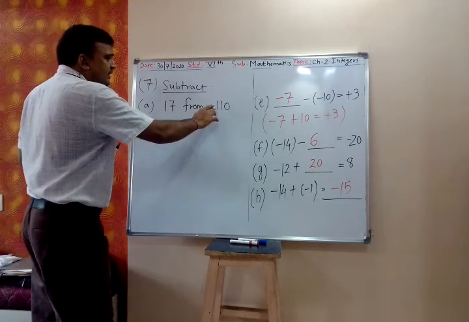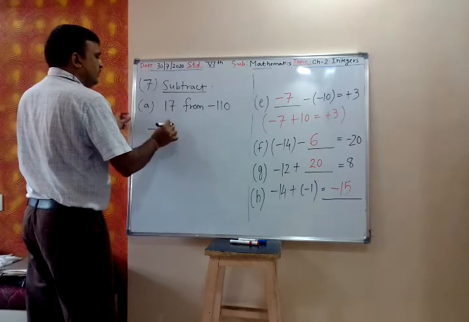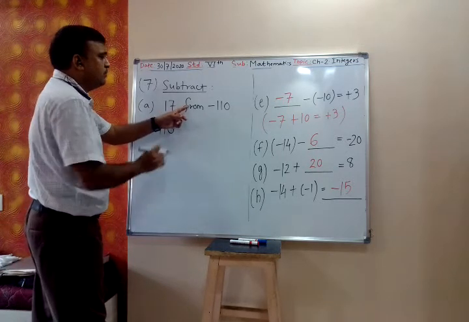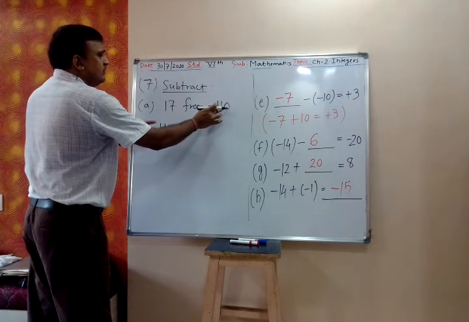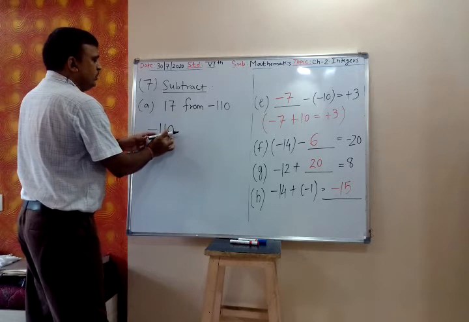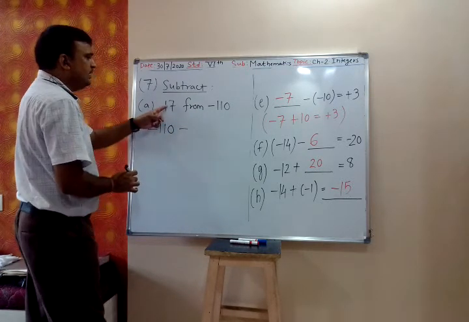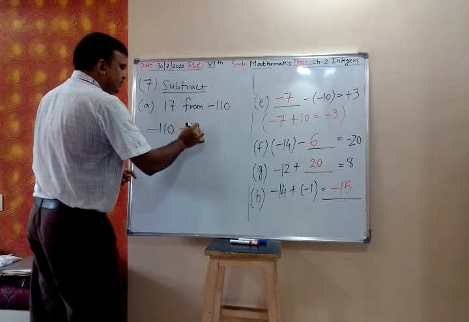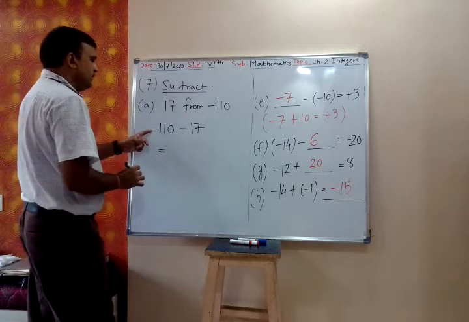So I will write minus 110 first. From this number we want to subtract 17. So minus 110 minus 17. Simplify.